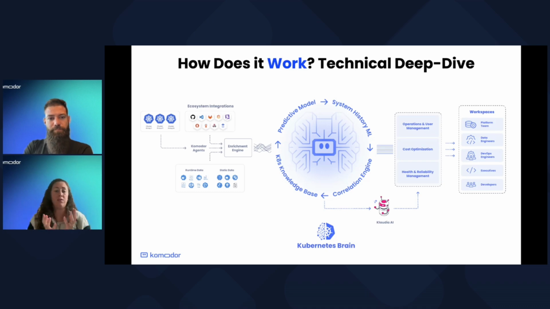So once all of that is ready, if we're talking about issues, we send that to our AI engine that is called Claudia to get help in digesting all of this data into root cause analysis eventually, and by that helping us with the health and reliability management.